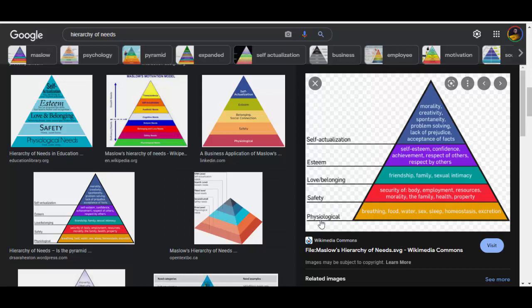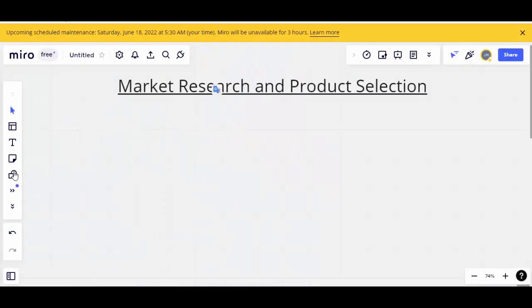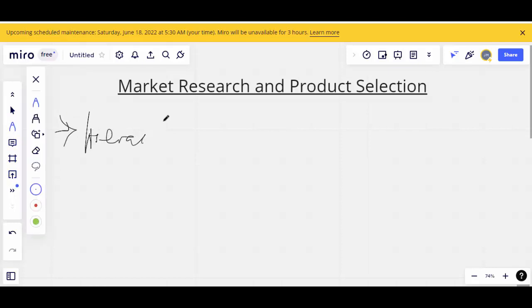Now when you look at this pyramid, you will notice that what you have here can actually be broken down into some widely known niches. Once you have this understanding of Maslow's hierarchy of needs, it gives you an understanding of what people actually want.